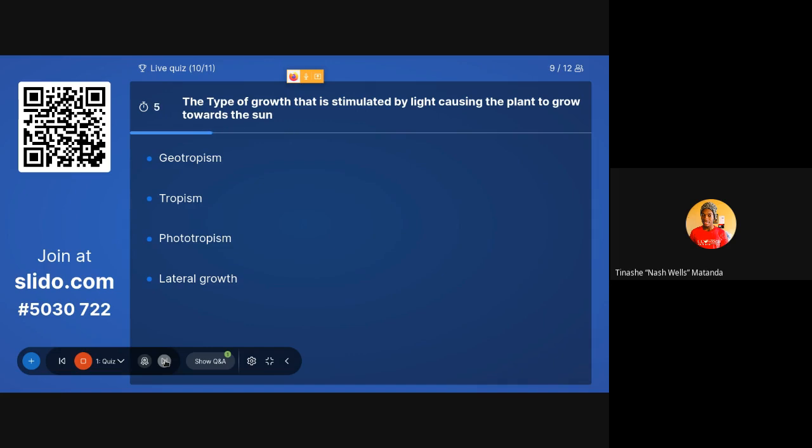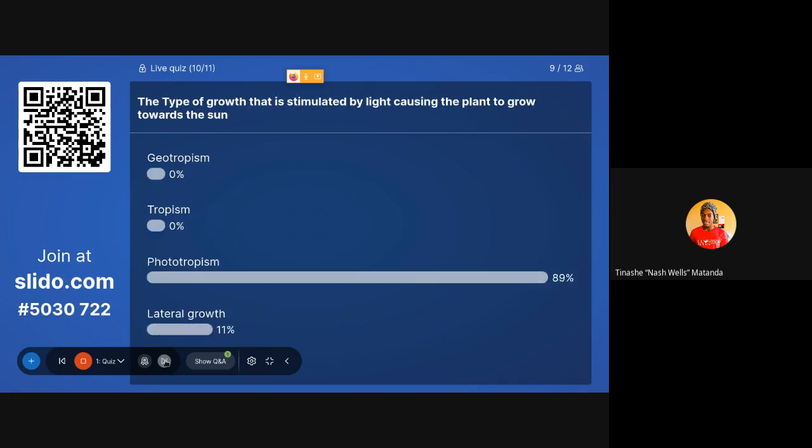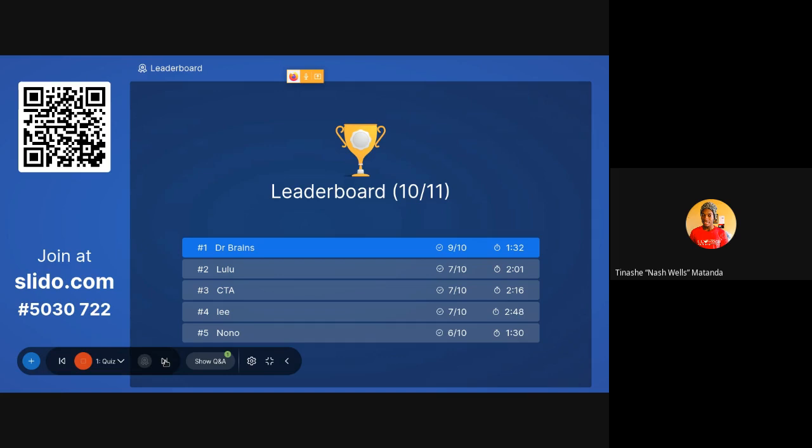Causes it to grow towards the sun. Right. Someone said lateral growth. The answer to that is phototropism. Remember, photo means light. All right. So the answer to that is phototropism. Okay. Leaderboard, we still have Dr. Brains on top, followed by Lulu, CTA, Lee, and no.